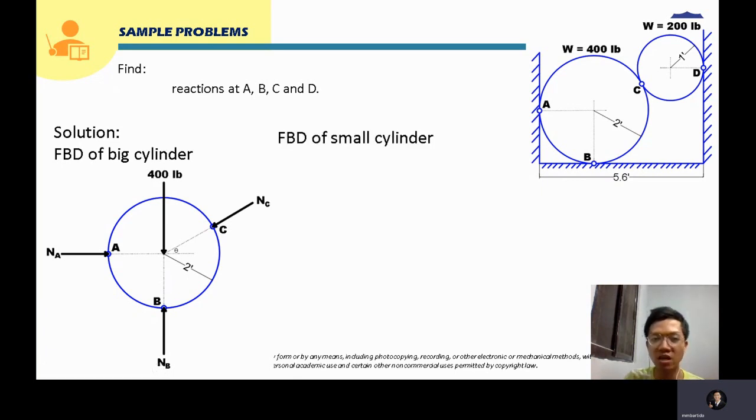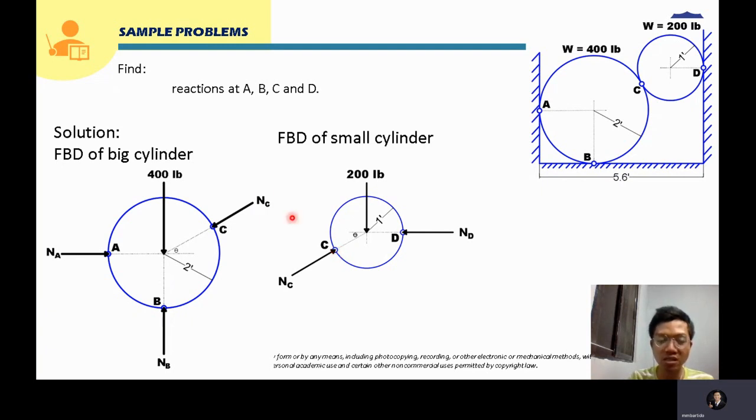So okay, let's now draw the free body diagram of the small cylinder. So our small cylinder is this cylinder, no? So let's construct its free body diagram. Its weight is 200 pounds, so it is applied here at the center. Now for NC, the normal force at point C, this reaction that is in the free body diagram of the big cylinder, if we transfer it to the small cylinder, it will be directed oppositely.